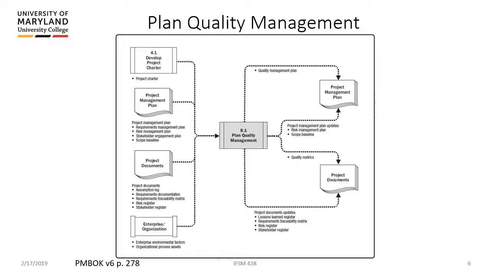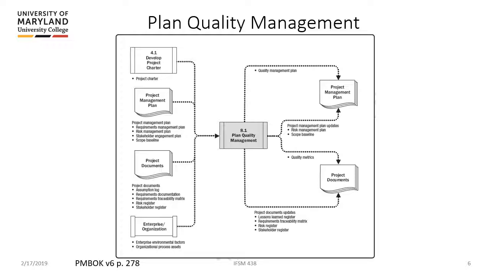So let's take a look at what we need to do. We need to plan quality management. Much like all the other knowledge areas, we need to think about what we need to do, how we're going to measure quality, the processes we're going to put in place in order to ensure quality, and so on. I'm not going to get into all the details here. You could spend a whole lot of time looking at quality management, and there are separate courses that talk about quality in great detail.